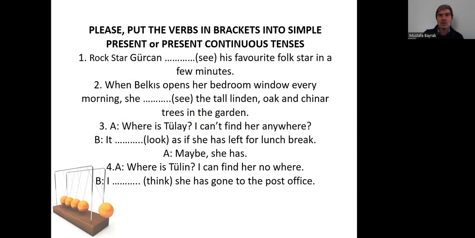Let's put the verbs in brackets into simple present or present continuous tense. Yes. Either present or present continuous. Rockstar Gürcan blank his favorite folk star in a few minutes.